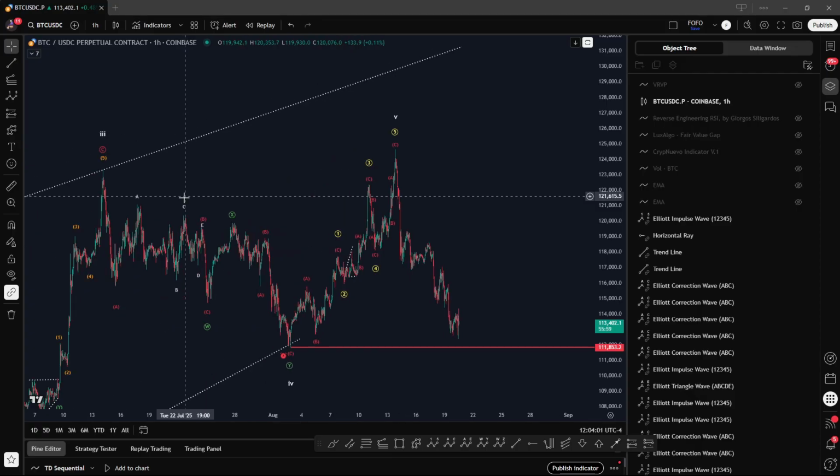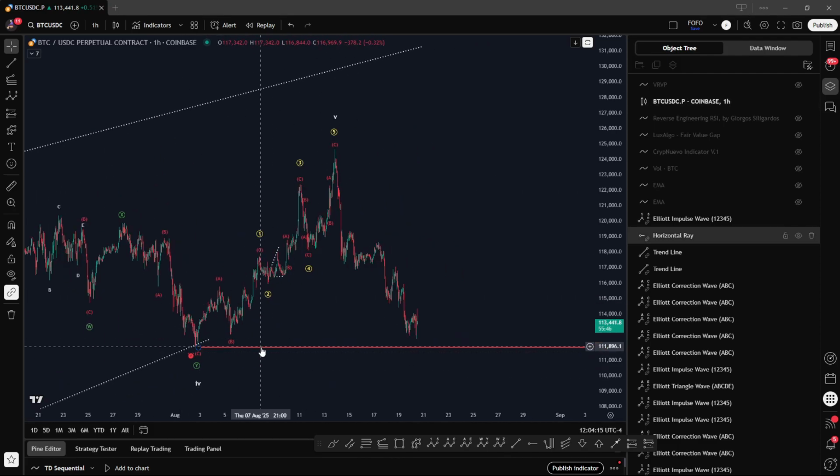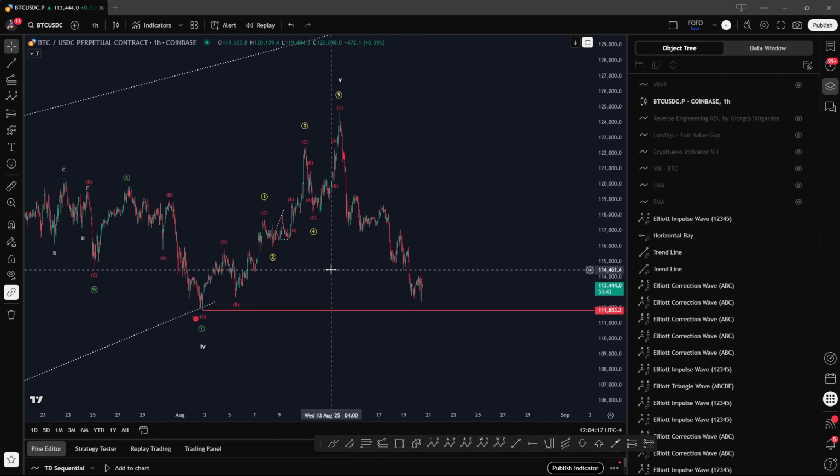Okay? You could have done the same thing here, right? And say that this was at least beginning a diagonal, but guess what? The high broke. So it can't be. This is done now, right? Why is this red line here? Why did I put that here? So I know which one it is, right? If this red line breaks, then it has to be the WXYXZ.